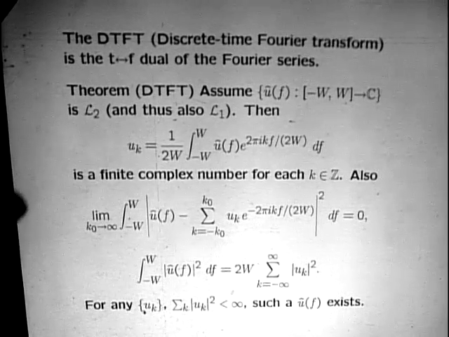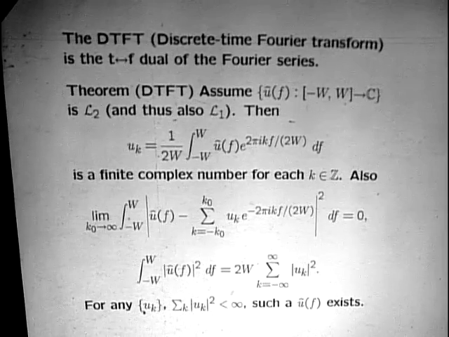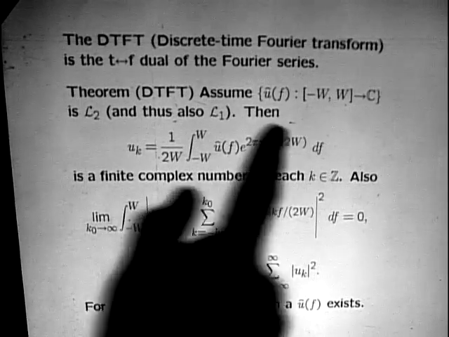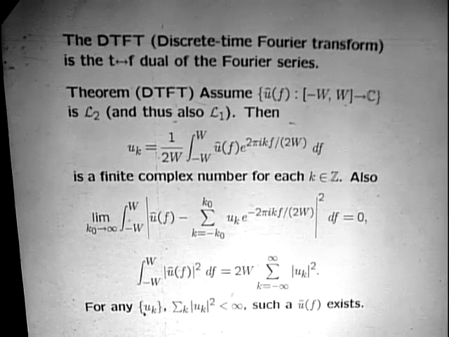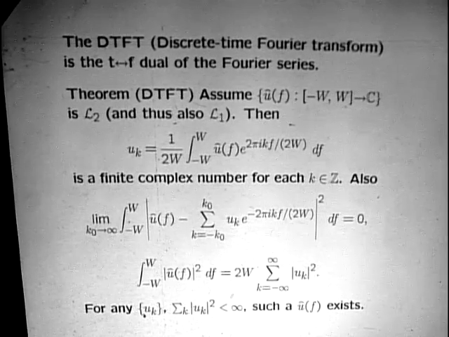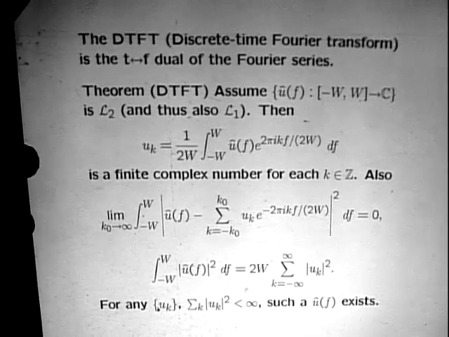So the theorem is really the same theorem that we had for Fourier series. Assume that you have a function of frequency, u hat of f. Before we had a function of time, now we have a function of frequency.